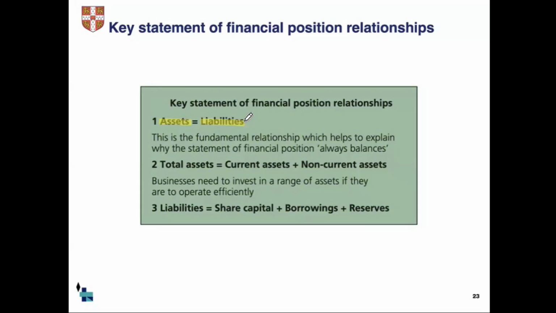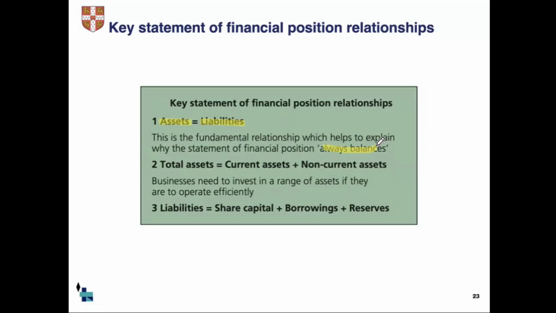So the second key relationship, well, before we look at that, this is a fundamental relationship which explains why the statement of financial position always balances. It's very important. It's called the accounting equation: on the statement of financial position, it must balance. Our assets must be equal to our liabilities, or our assets must be equal to our capital.